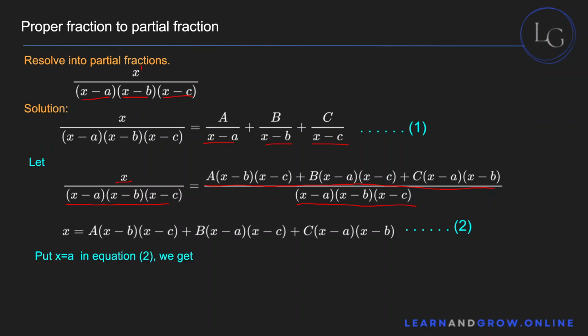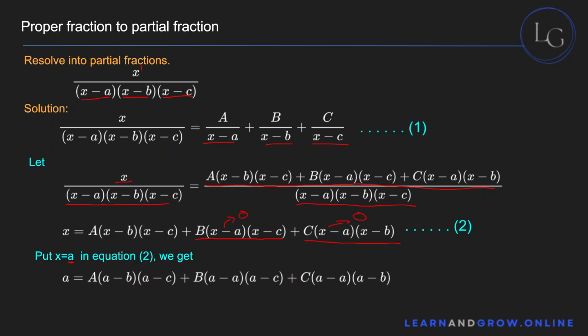So first, let's put x is equal to a in this equation 2. When you put x is equal to a, all the terms with x minus a will be eliminated. So this entire term will be eliminated because this becomes 0 when you put x is equal to a, a minus a is equal to 0, and this entire term will also be eliminated because this becomes 0.